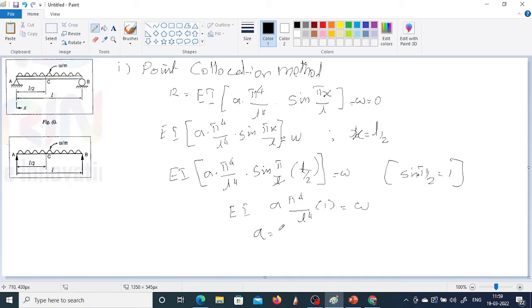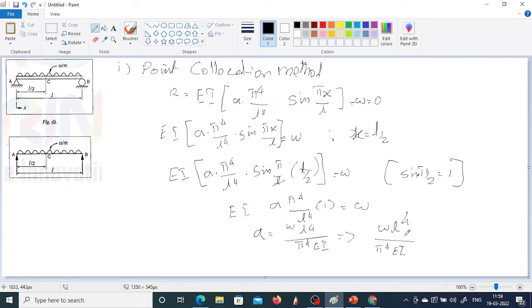A is equal to W, L power 4 goes up, so W L power 4 divided by pi power 4 EI. Likewise, I can rewrite the A parameter equation: A is W into L power 4 divided by pi power 4 into E into I.